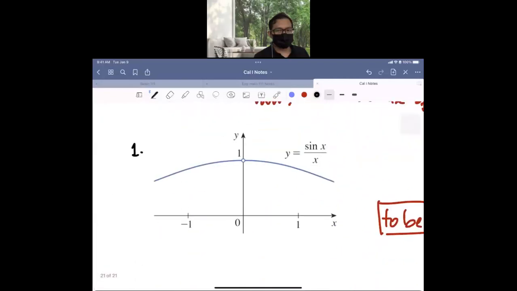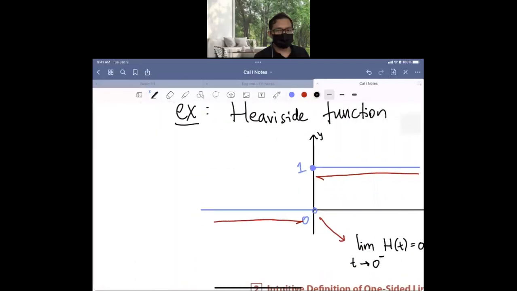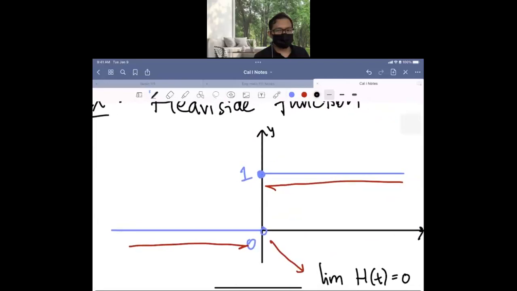But when we have this Heaviside here, one side is 0, one side is 1. What's the limit? The total limit, as x approaches 0?